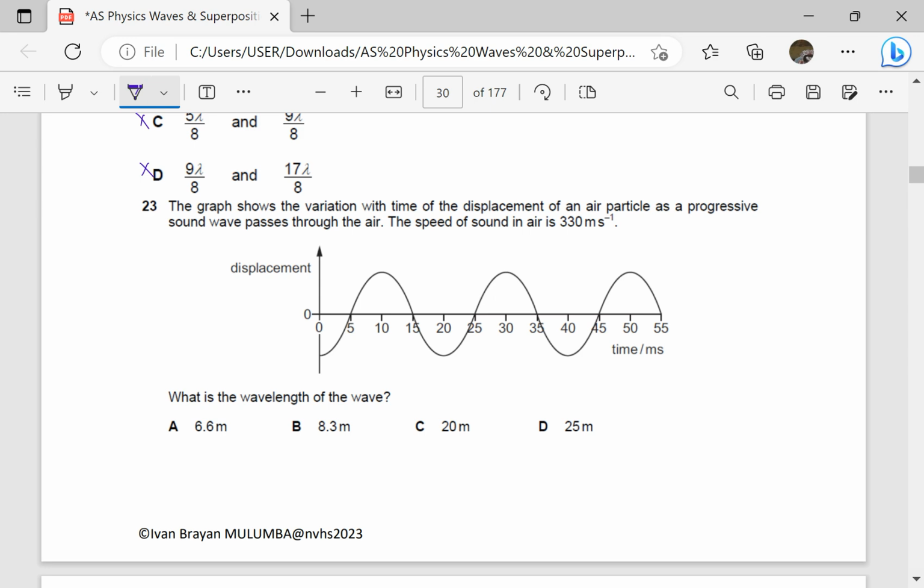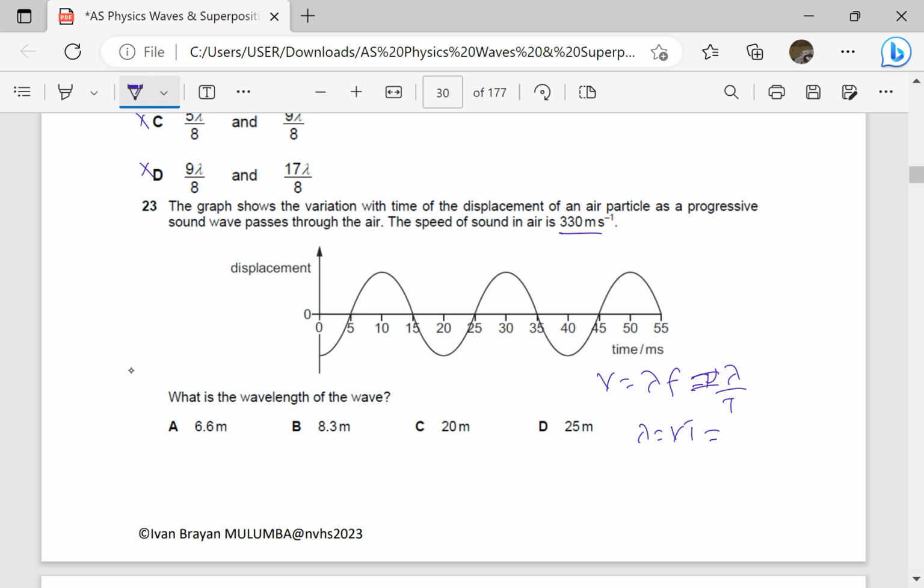The graph shows the variation with time t of the displacement of an air particle as a progressive sound wave passes through the air. The speed of the sound is 330. What is the wavelength of the wave? So V is equal to lambda times F, and F is 1 over t, so V is lambda over t, where t is the period. So lambda is going to be V times t.